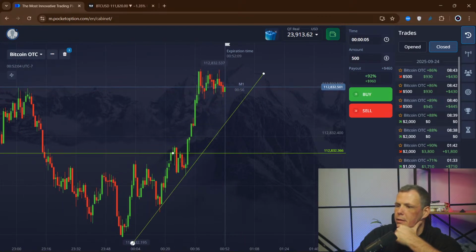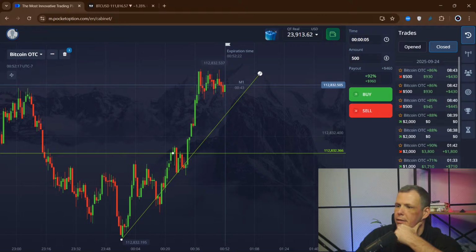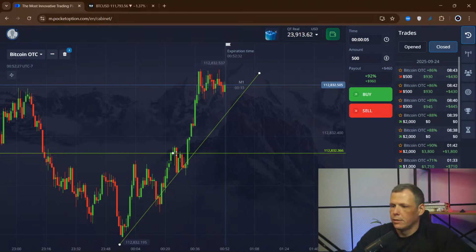Place it down here, about right here. That's where our swing lows are coming in. And we can do this just to get a little bit of range. So we're going to move it up a little bit. This is about the window where we're at here.